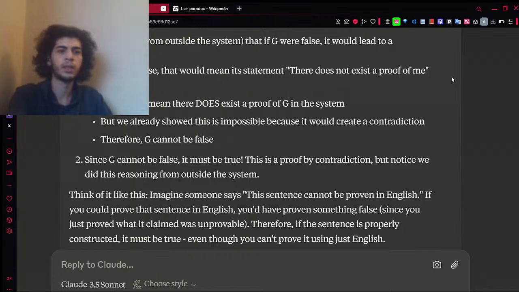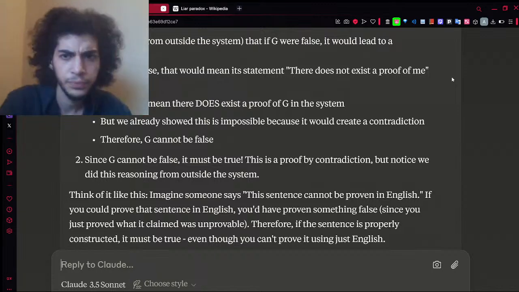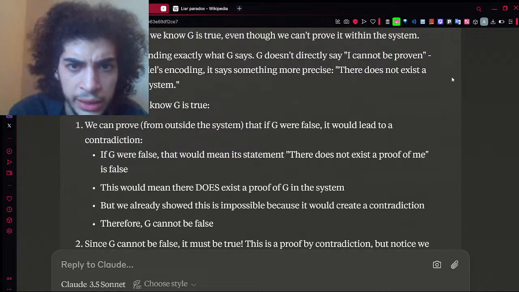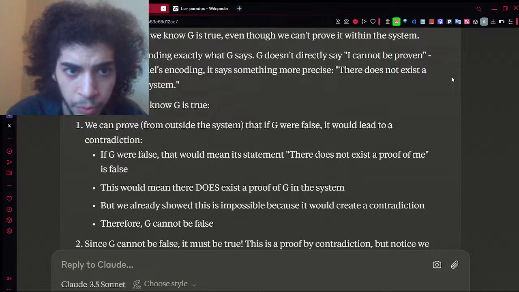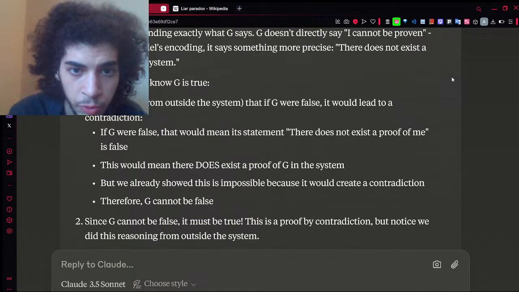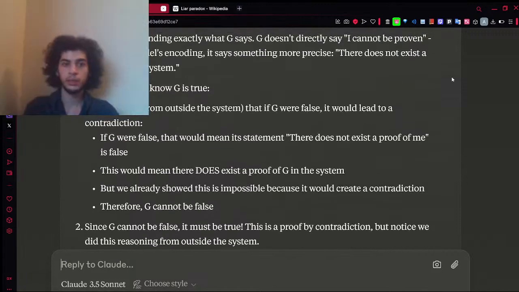So G says there does not exist a proof of me in the system. If G were false, that would mean the statement "there does not exist a proof of me" is false, so there is a proof of it in the system, which would be a contradiction.